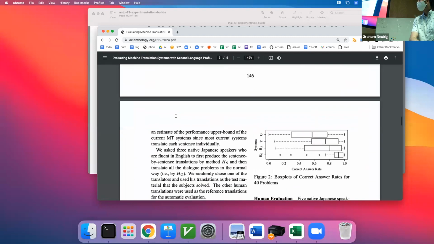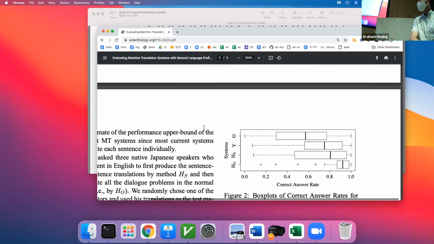They measured 3 systems. They measured G and Y. Y is Yahoo, G, you can guess what that is. But they have a human with all of the context and a human with only sentence level context. So they limited the human translator to only look at sentence by sentence.